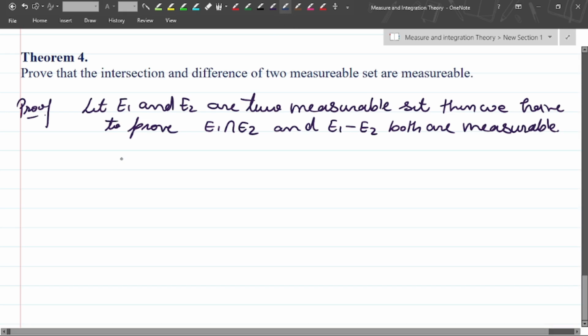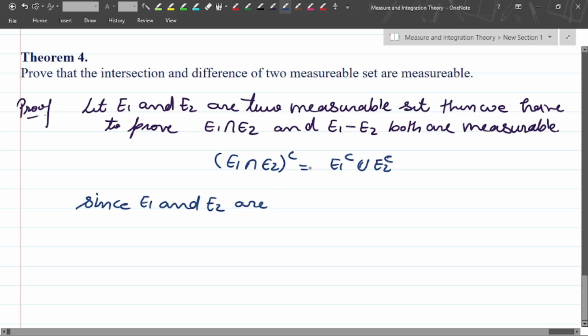So first of all, (E1 intersection E2) complement is nothing but E1 complement union E2 complement, by the property.